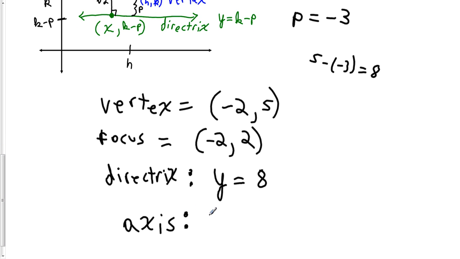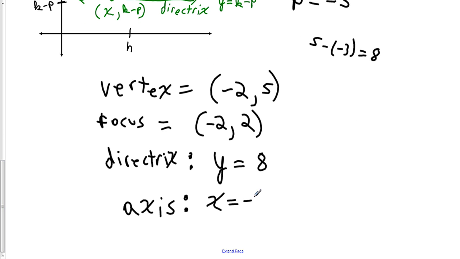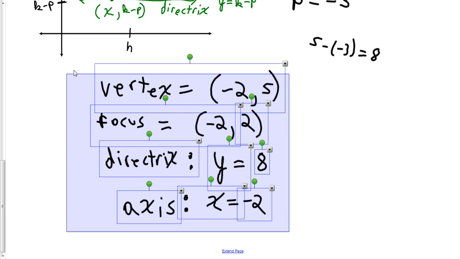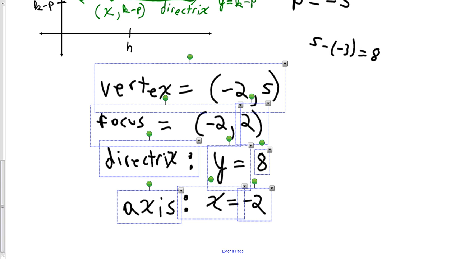In this case, h is equal to negative 2. So there I have all the parts that he asked me for except for the graph. I have the vertex, the focus, the directrix, and the axis of symmetry. So let's go ahead and graph this.